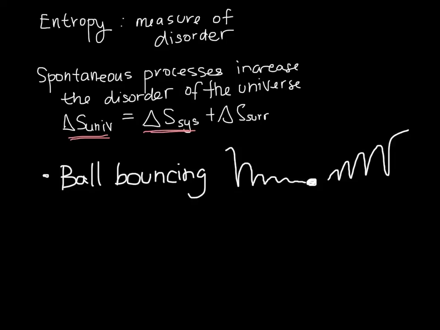So that's one example. If we want to know what is the spontaneous direction of change, we want to look for the direction of change that leads to the most dispersal of energy.